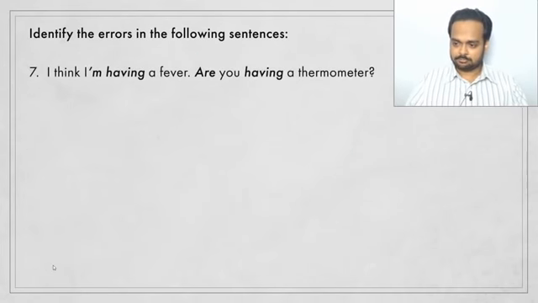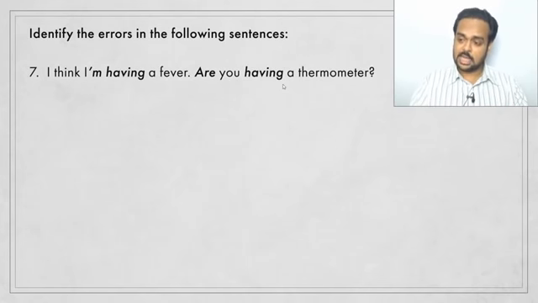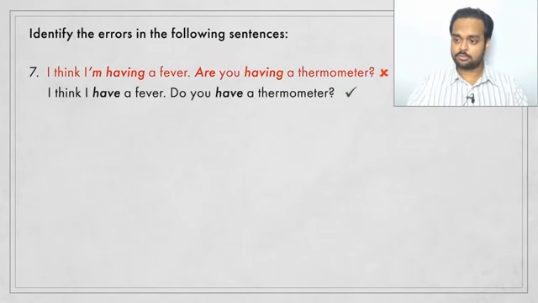All right, number 7. I think I'm having a fever. Are you having a thermometer? Okay, 2 havings here. Are they both correct? Are they both wrong? Is one correct and the other wrong? Actually, they are both wrong. I think I have a fever. Do you have a thermometer?